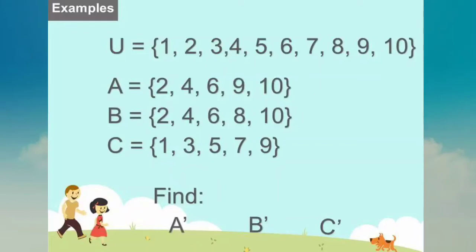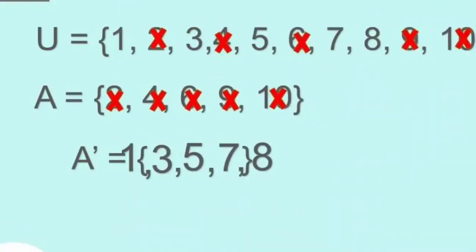Okay, so let us answer: what is the complement of set A? Again, ang kukunin natin ay yung mga element na makikita sa U pero wala sa set A. Para sa madali, we have to cross out 2, 4, 6, 9, 10.